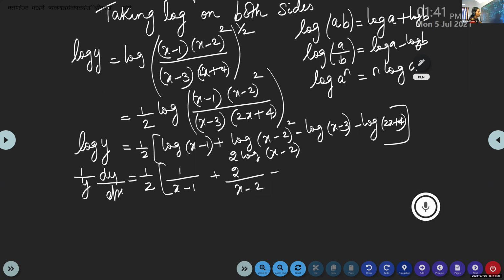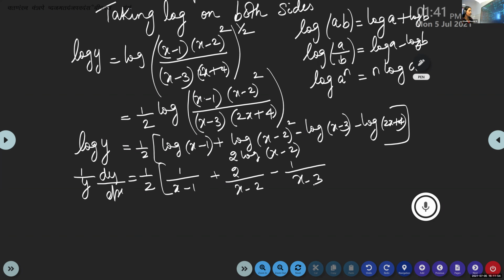Minus. What is the derivative of log of x minus 3? Shivani. Derivative of log of x minus 3 is 1 by x minus 3.